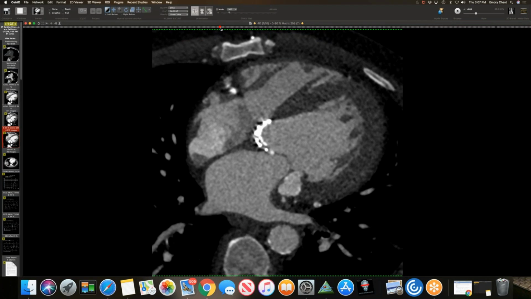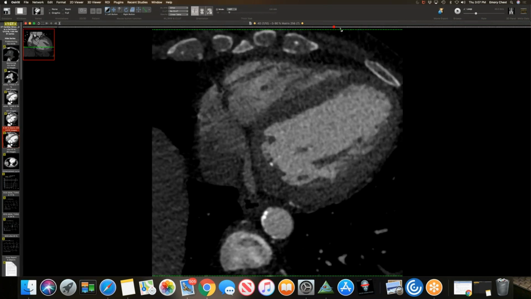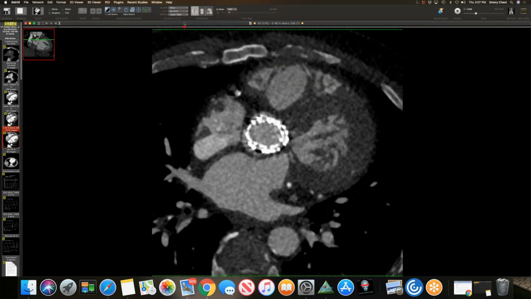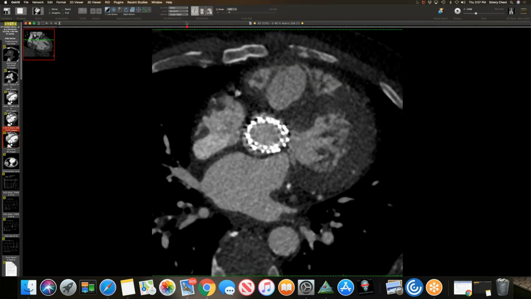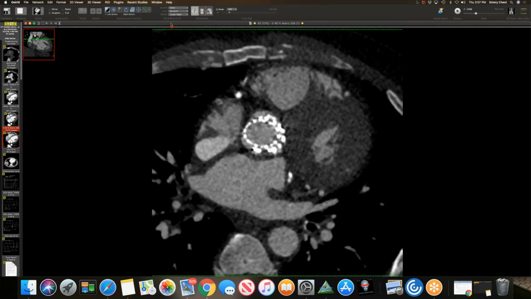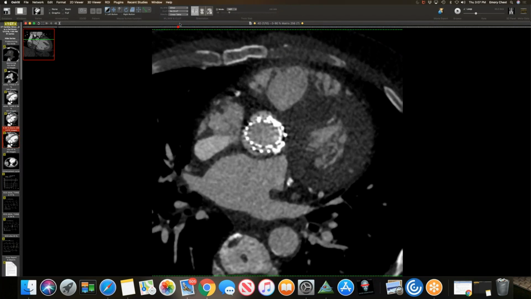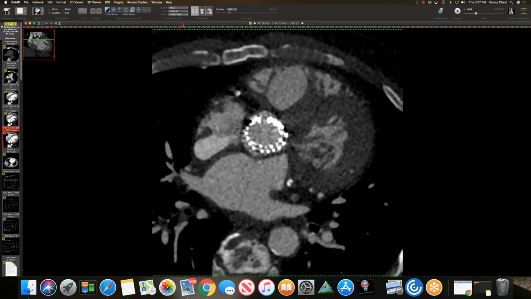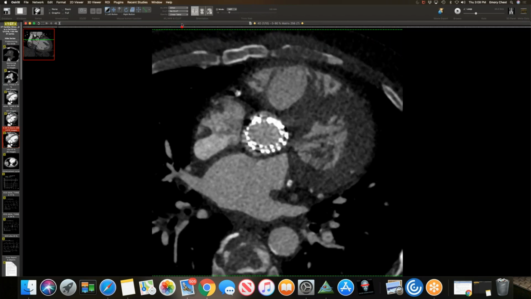This is a patient with a history of aortic stenosis, and he underwent a transcatheter valve replacement in 2016, and then had persistent symptomatic aortic stenosis, and they elected to do a valve-in-valve.